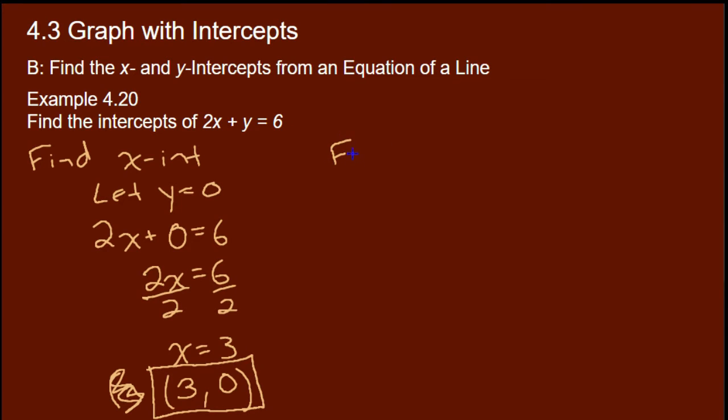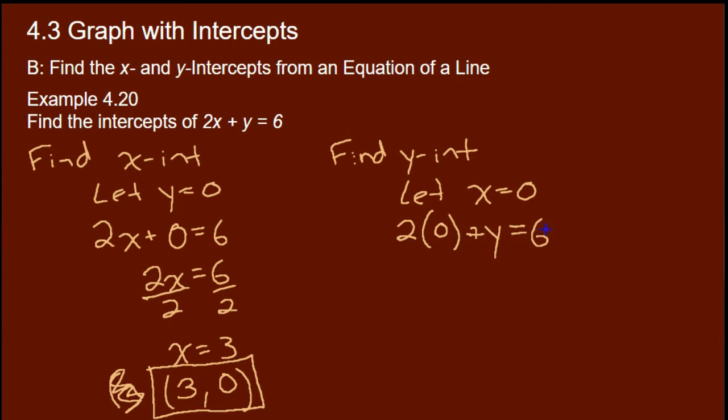Now, if we want to find the y-intercept, we're going to let x equal 0 and solve for y. So going back to our original equation, we're going to put 0 in for x. 2 times 0 plus y is equal to 6. 2 times 0 is 0, plus y is equal to 6. y is equal to 6, because 0 plus y is y.